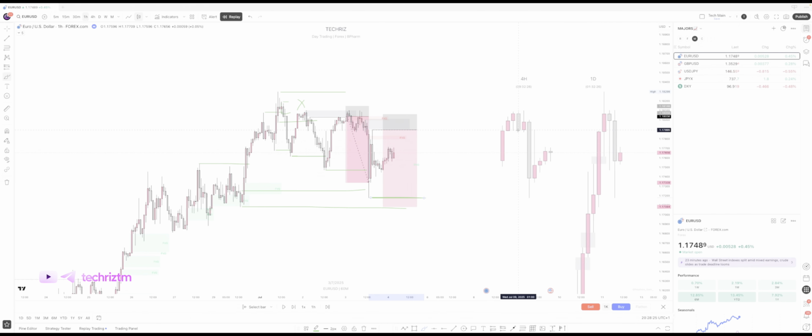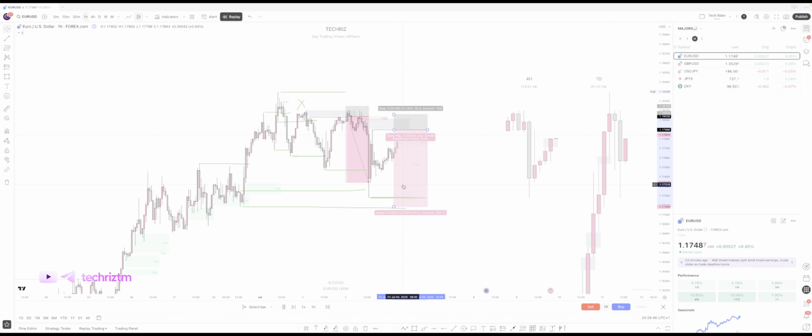This was a support that was flipped, so it has to turn towards a resistance. So we're going to see what happens. Just wait for price to actually get there and see what price does.